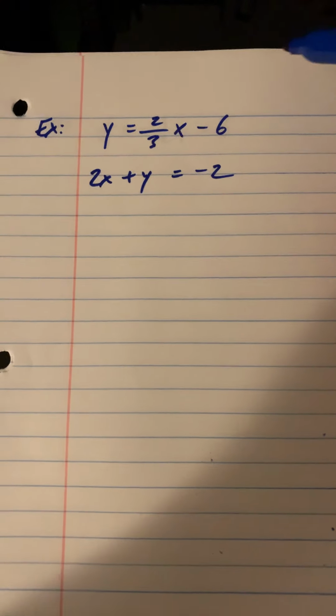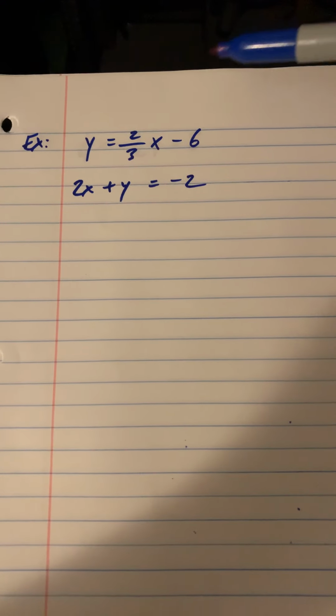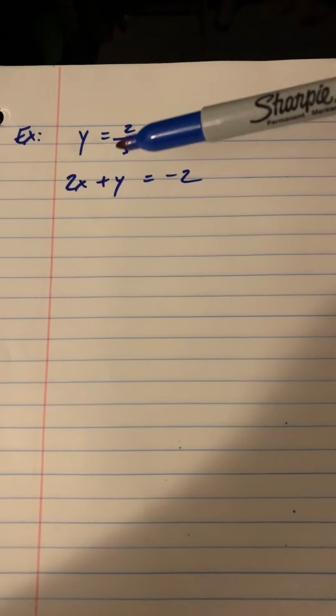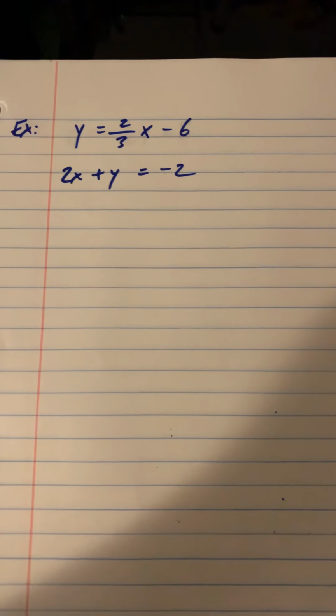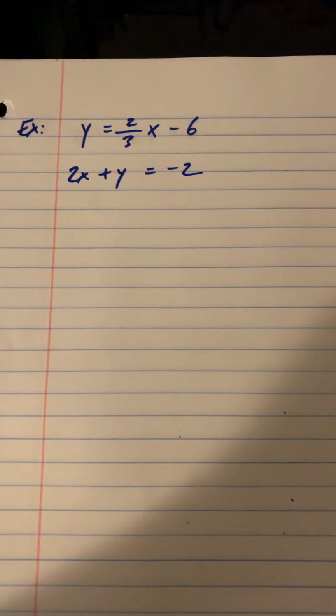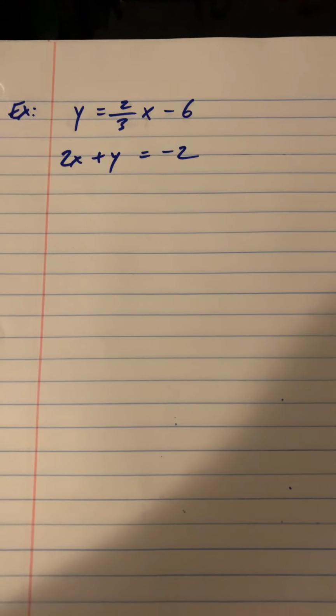This is going to be solving systems of equations in which there are fractional coefficients. We're also going to look at some that have decimal coefficients, and there's a real easy way to deal with those.